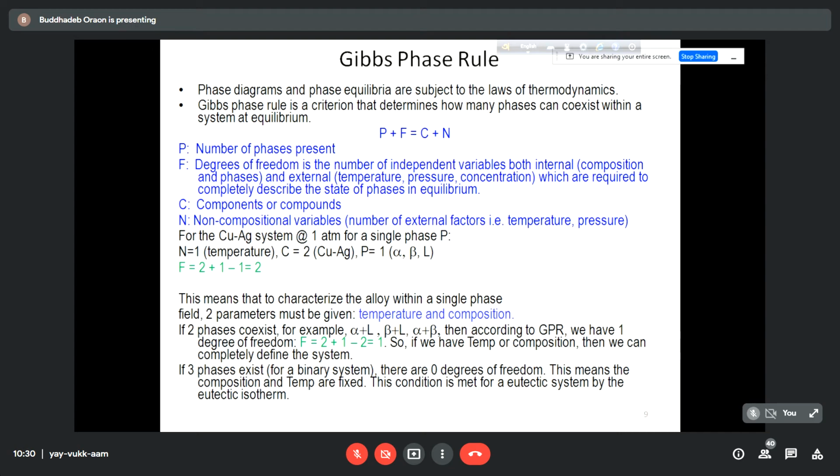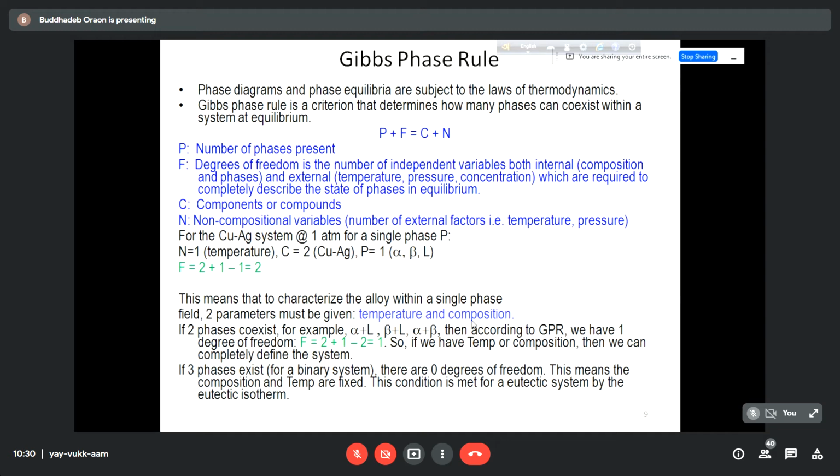So the significance is that when you have the number of degrees of freedom equal to 2, that means in order to characterize this alloy in a single phase region, you need to have two parameters given.